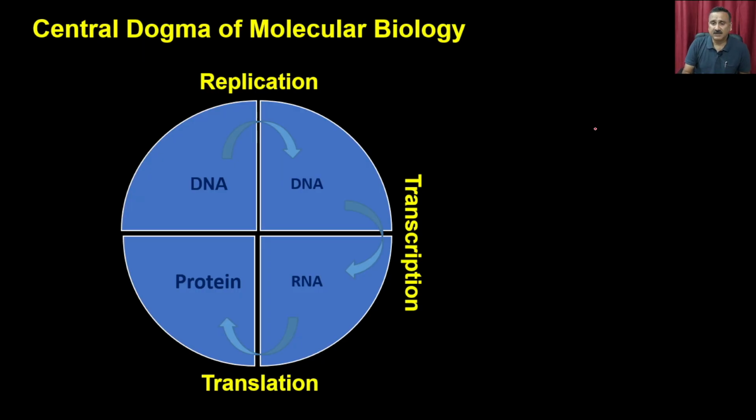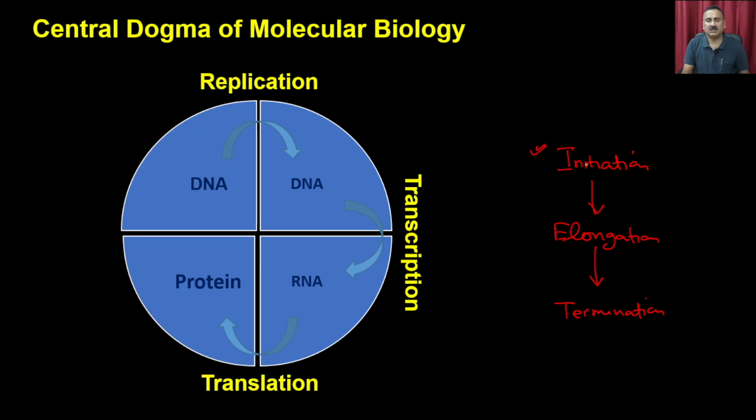Replication has three very distinct steps: initiation, followed by elongation, and followed by termination. If you recall, within initiation the cellular machinery first identifies the origin of replication. There is only one origin of replication in the prokaryotic system, whereas there are multiple origins in the eukaryotic system.